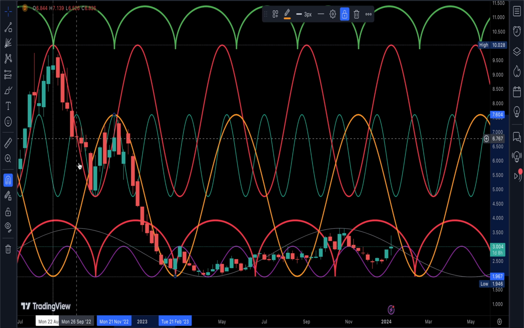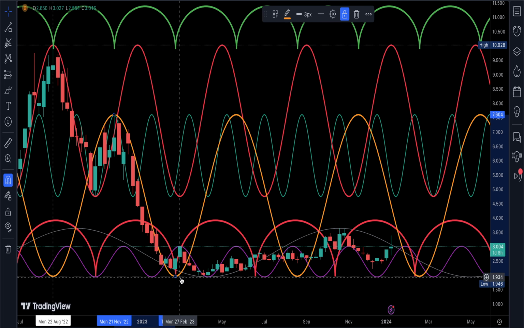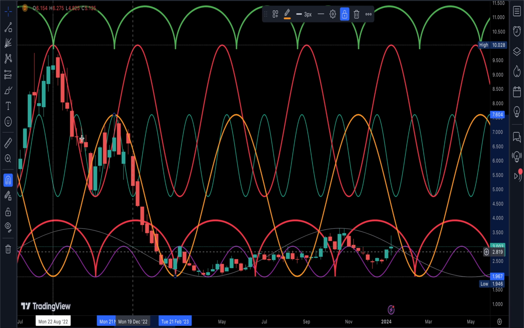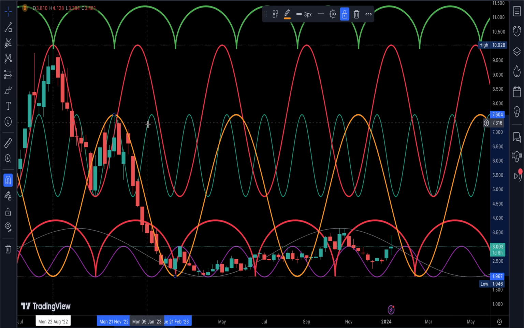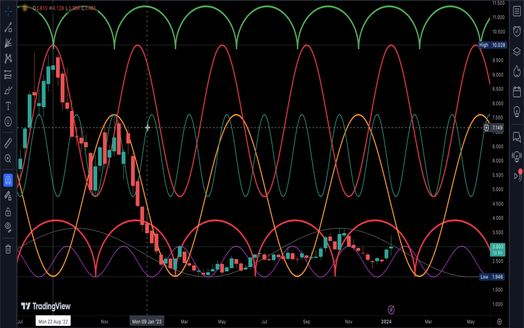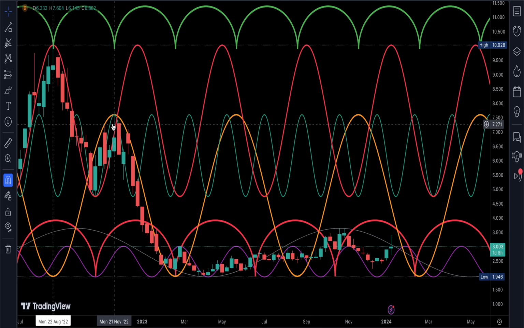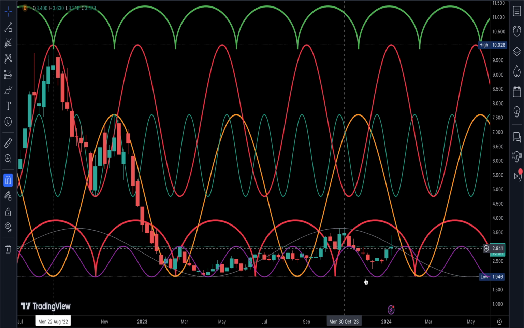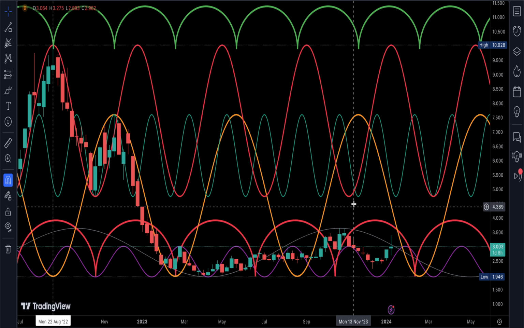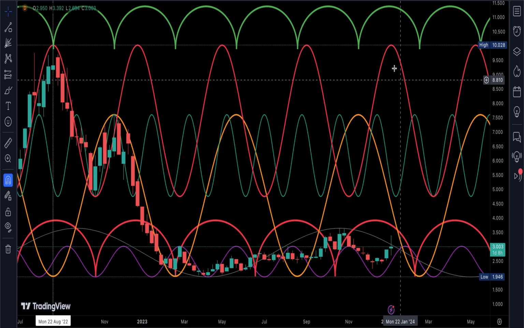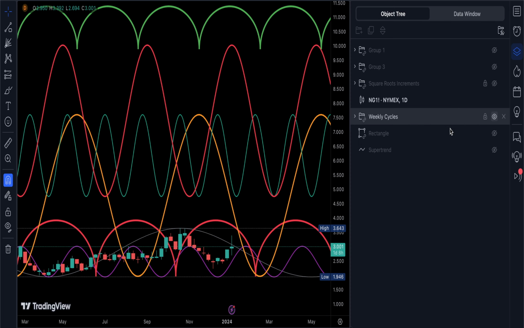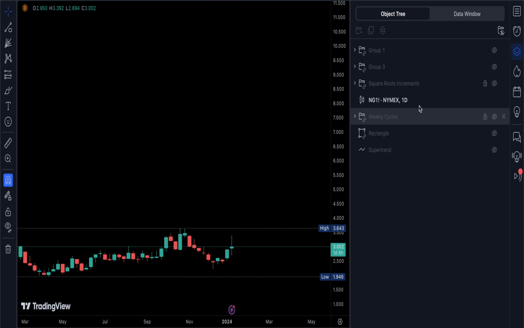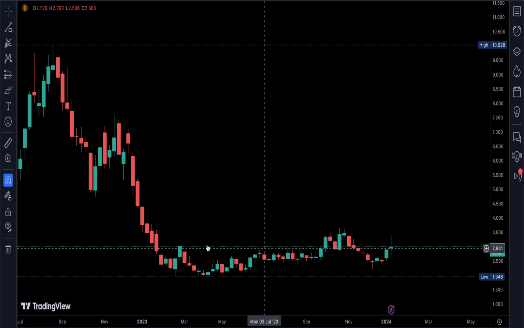So I've got it from high to low, low to low, high to high, and this teal is this upswing here. So I'm just counterbalancing everything and looking at when there are clusters, what I call clusters, and seeing what happens. So that's that. Let's take that off. Now let's look at the daily.